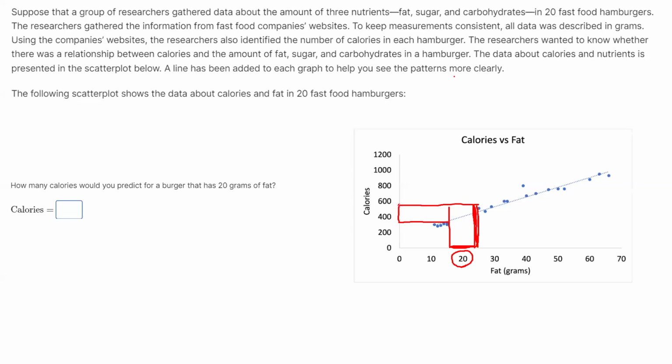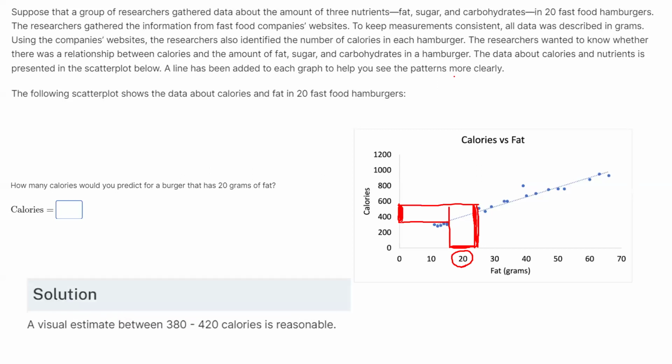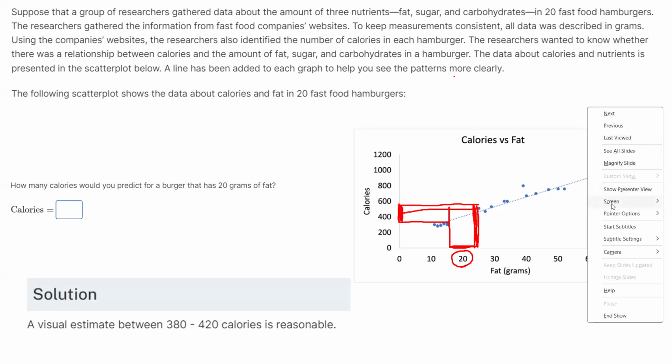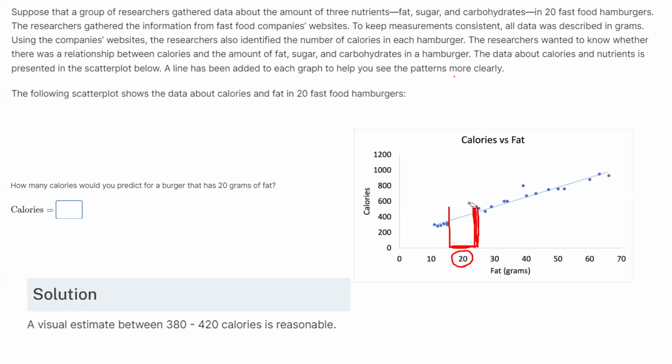So on the vertical axis, we should be seeing something like this. So it seems like the information is about 350, 380, very close to 400 and less than 600. So as you can see, it's just maybe around these areas. So any number in between is acceptable here, but we are just looking at visualization here, everyone.